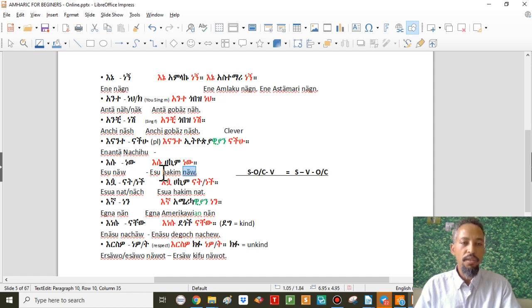It doesn't transfer action from the subject to the object, but it just links or describes the subject. So that's why this is called a complement. It just completes the sentence. Isu hakim no. Hakim is a doctor, a medical doctor.